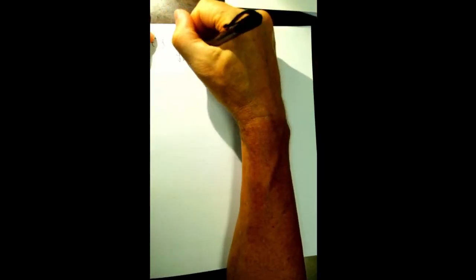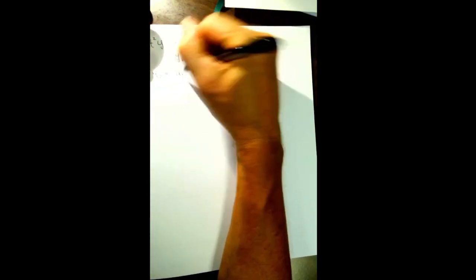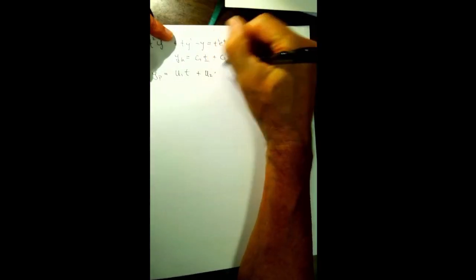My homogeneous solution, so r was 1 and minus 1, is c1 t to the 1 plus c2 t to the minus 1. I don't know what to guess, so I'm going to use variation of parameters. So my guess is going to be some u1 times t, which comes from there. u1 is a function of t, plus u2, which is a function of t, times the second homogeneous solution, which looks like this. I'm going to plug this into the equation.